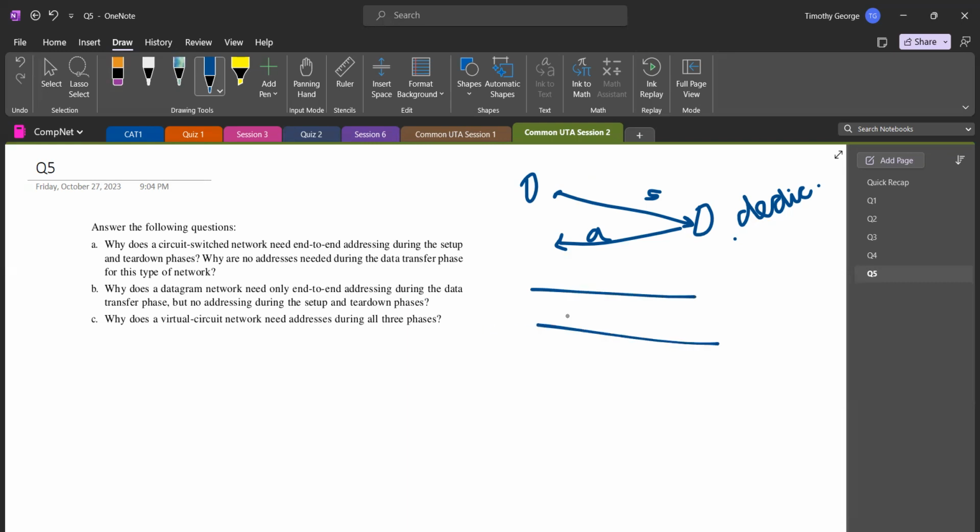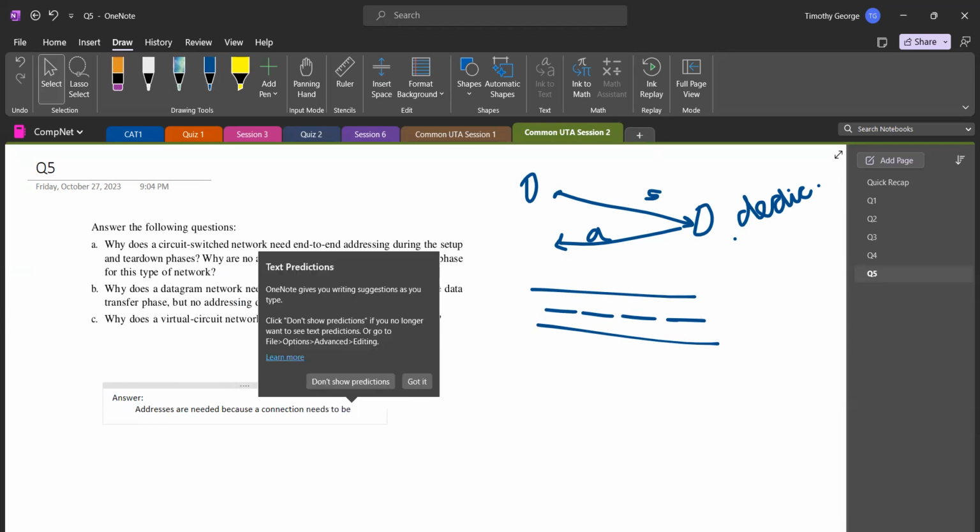You can just keep traveling on that road because you're sure that road leads to the correct node. So if we were to answer this, we would say addresses are needed because a connection needs to be set up.